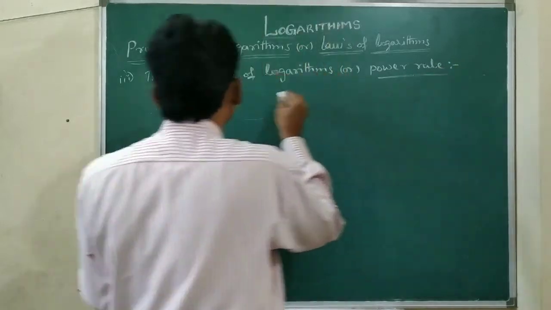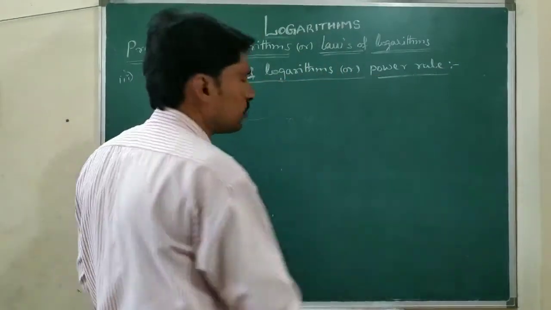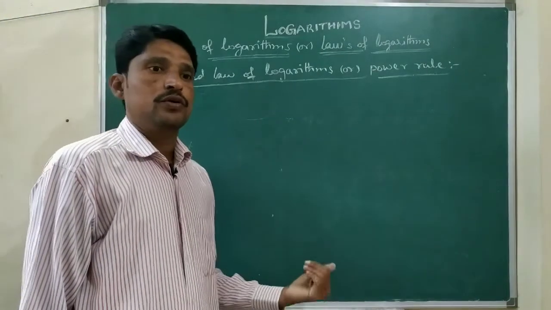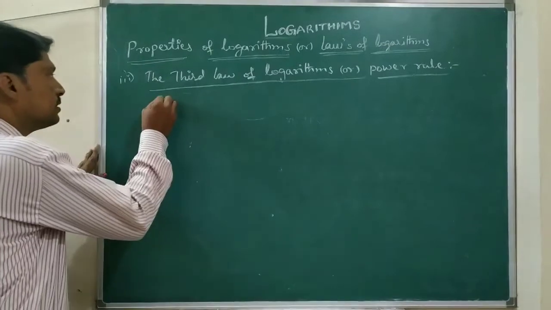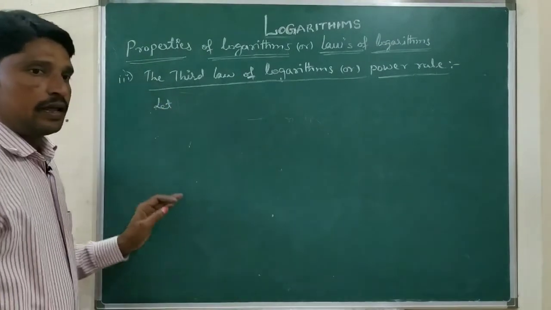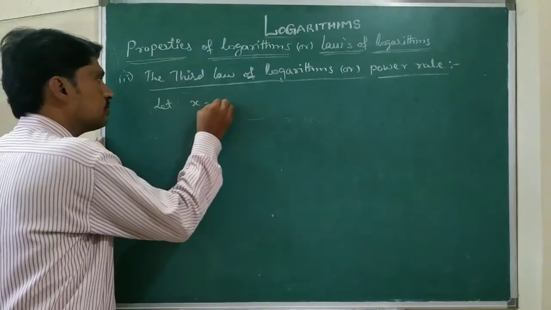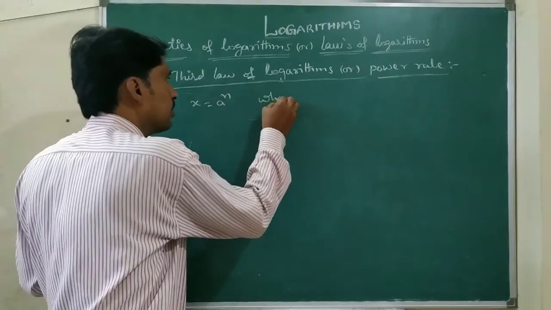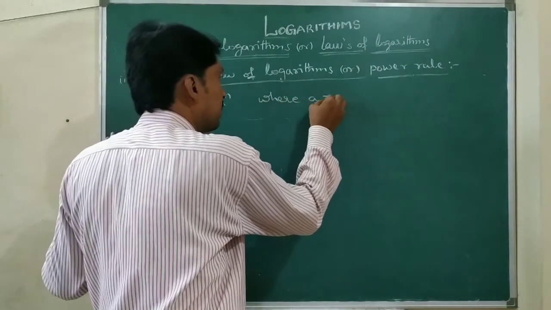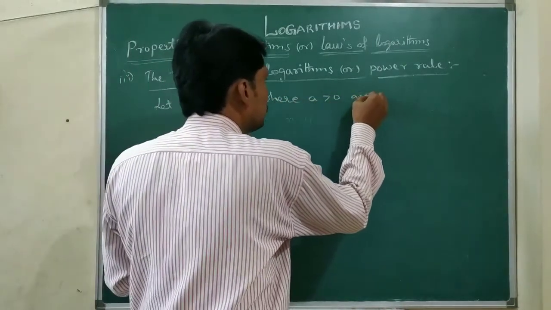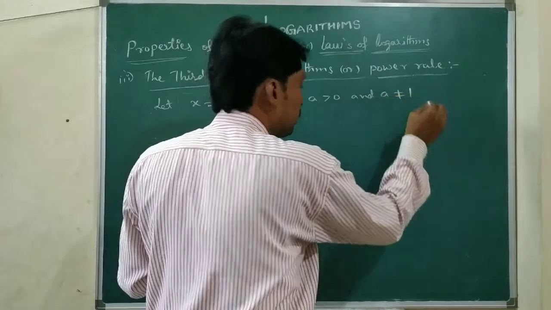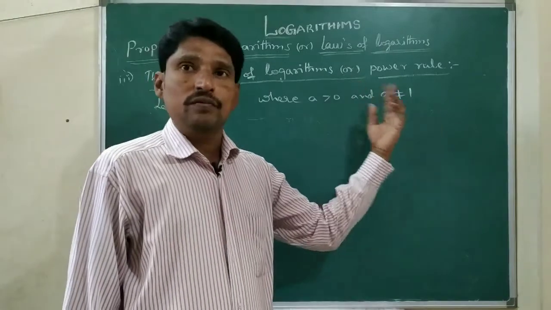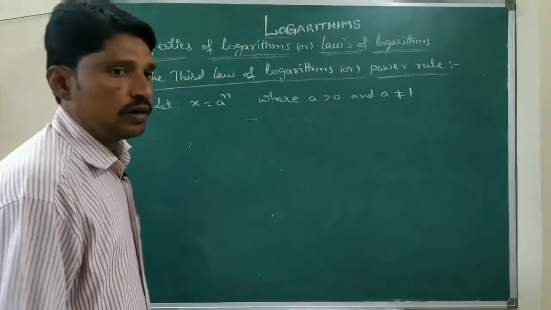The same process we need to do. Let x equal a power n, where a is greater than 0 and a is not equal to 1. The value of a is always greater than 0 and a should not be 1.